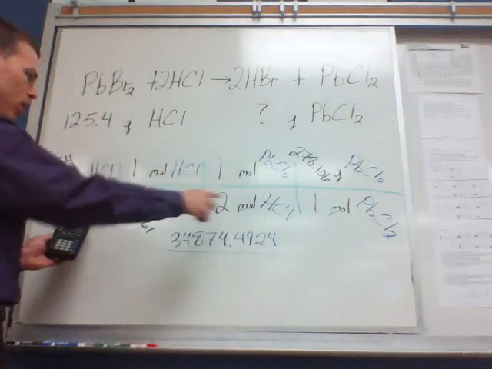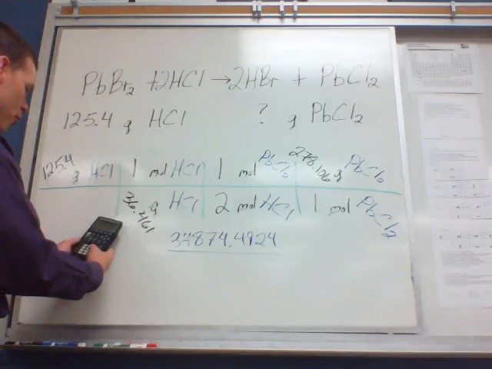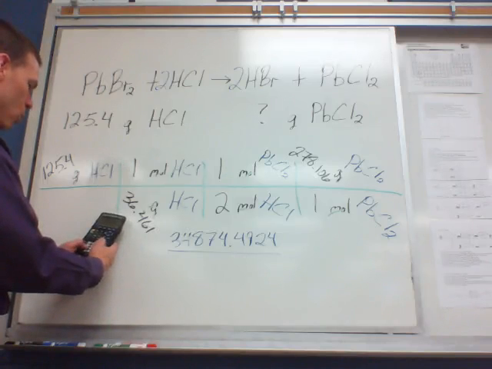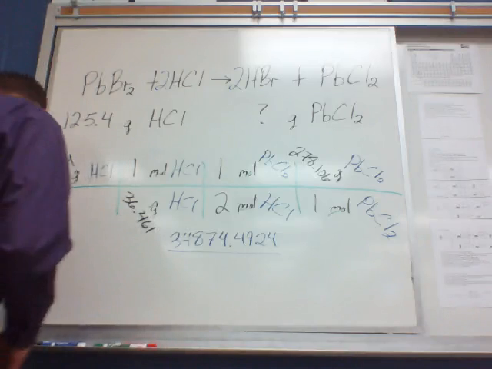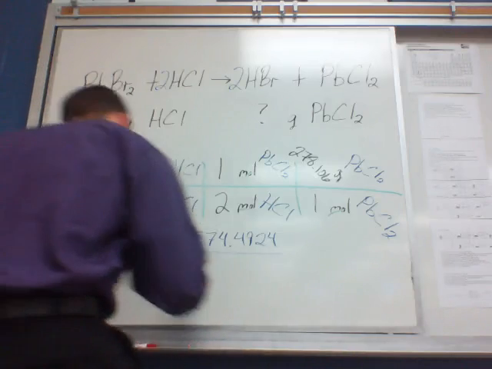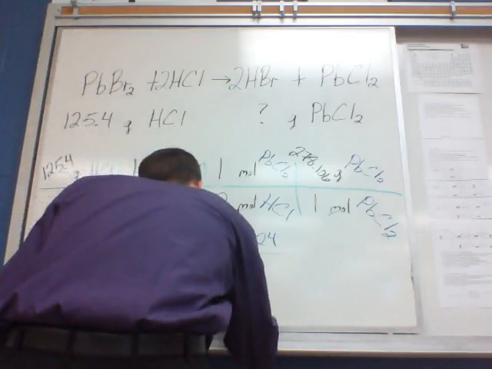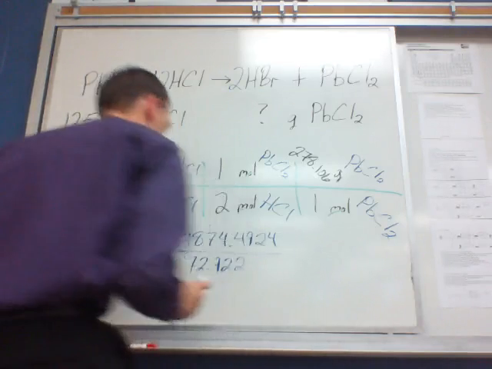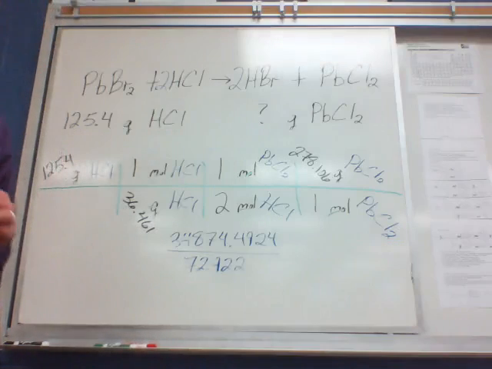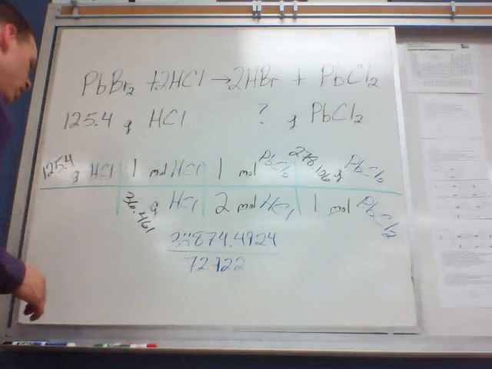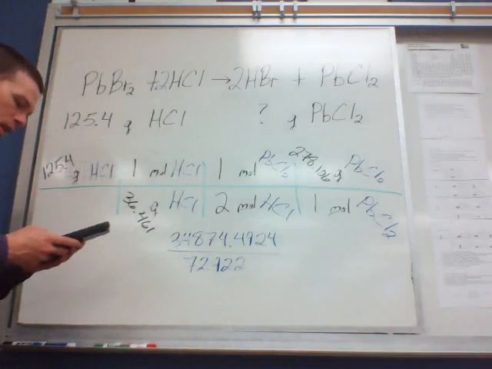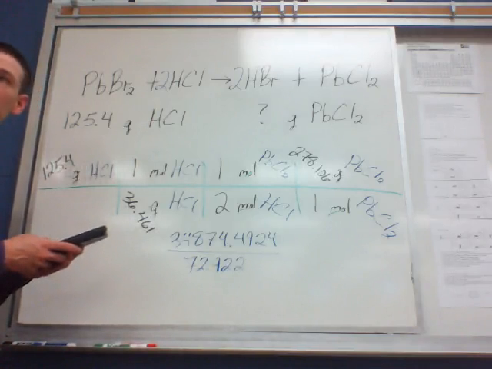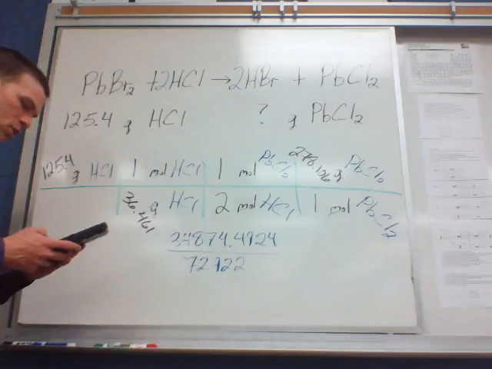For teaching's sake, I'll do that. Across the bottom, 36.461 times 2 times 1. I get a bottom number of 72.922. And we are so close to an answer now. 34,874.4924 divided by 72.922.